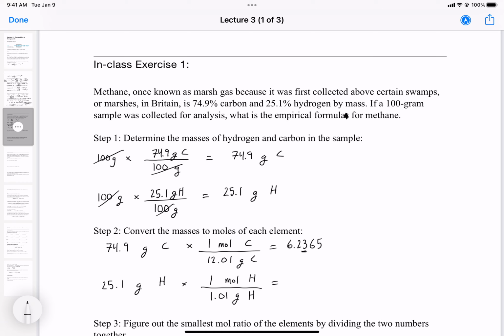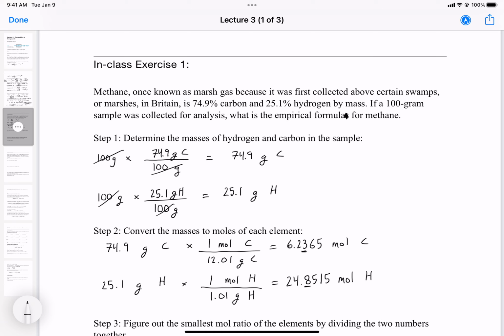You want the units you started with to cancel out, and you're going to end up with a new unit. So in this case, we have moles carbon. Okay. So for hydrogen, 25.1 grams divided by 1.01, and we get roughly 24.8515 mole of hydrogen. Okay.